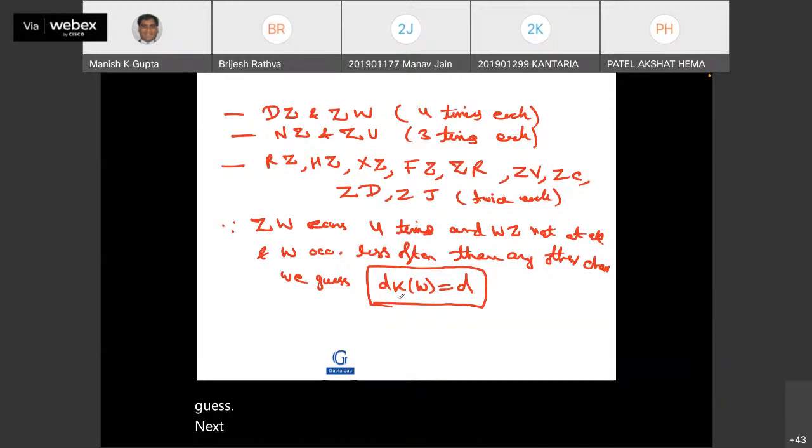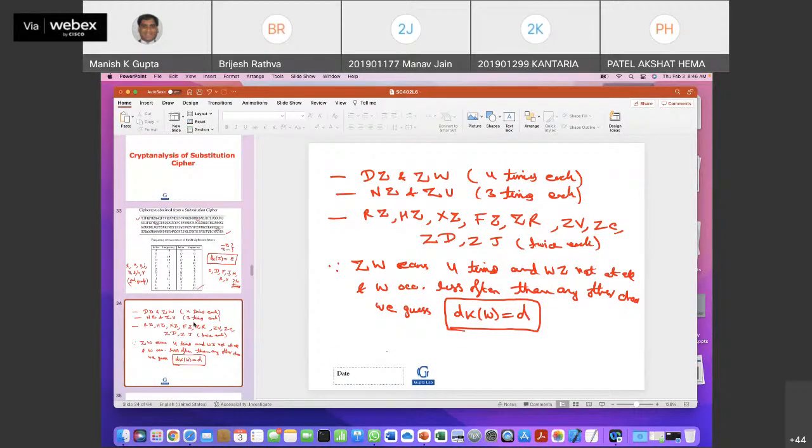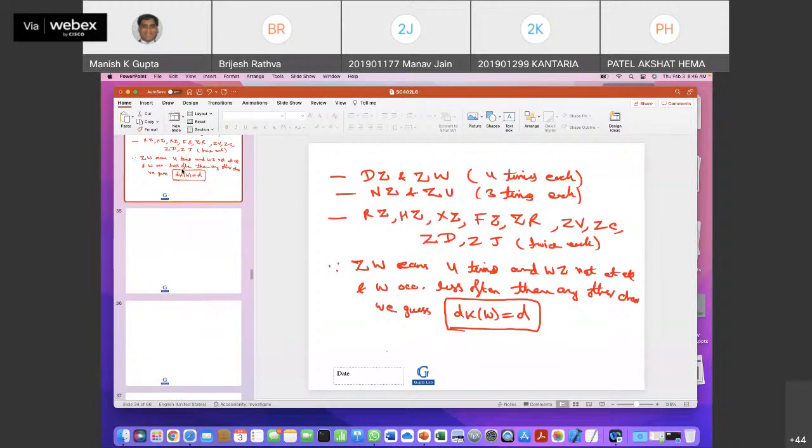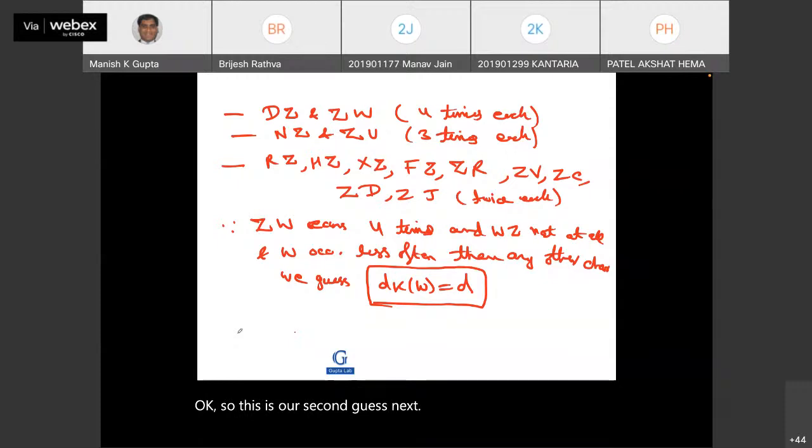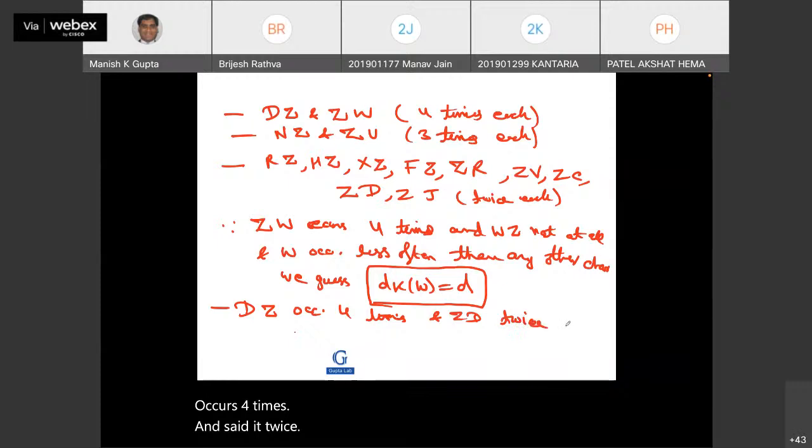Next, DZ occurs 4 times and ZD twice. We would think that dk of D is one of R, S, T. I mean, we only have this much information, not more than that.